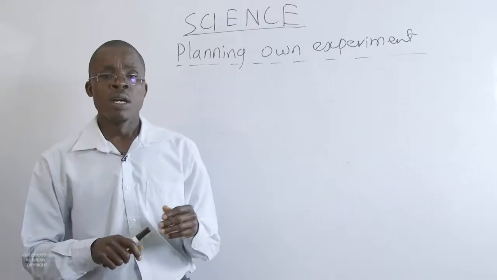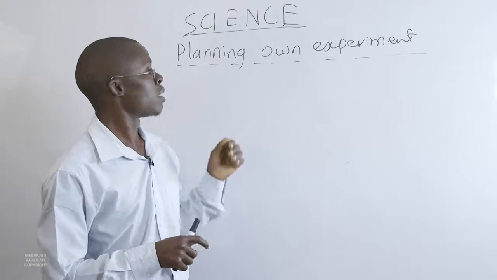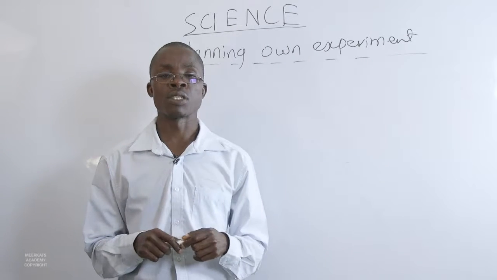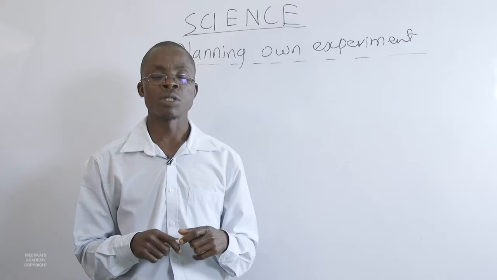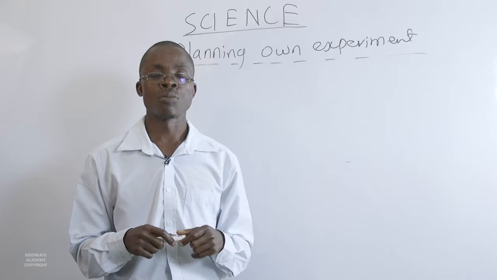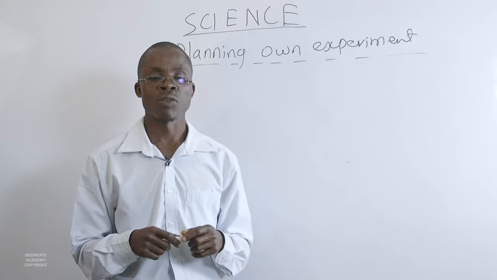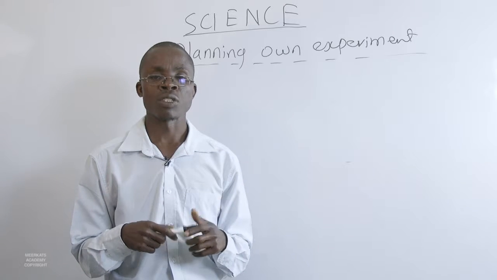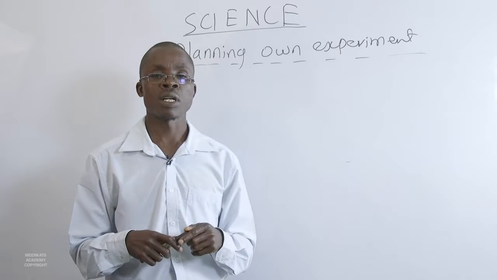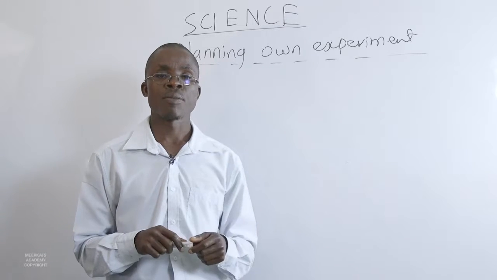Now, we have been looking at generally how to plan for an experiment, and we have gone through several steps on how one should do that planning, the main initial point being always to identify variables, so that out of the variables you can pinpoint a particular variable to follow until you are through with it, and only then vary it to another one.